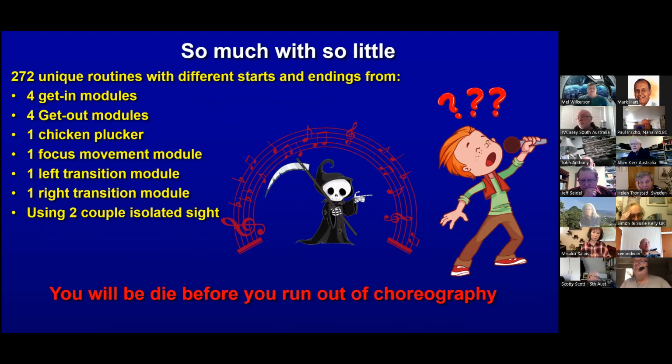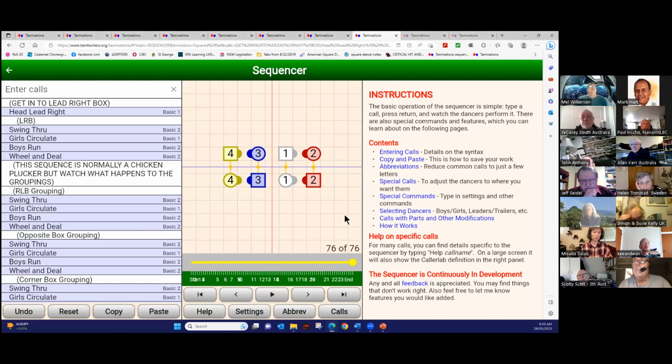The magic module. I think what you really need to highlight, and I think you have, but it probably slipped by, is that knowing which way the circulates are working is going to tell you which way your module rotates, and you can probably reduce the number of modules you use by saying, okay, if I'm in the corner box and I start a magic module, which is swing through, but you just call the boys trade.